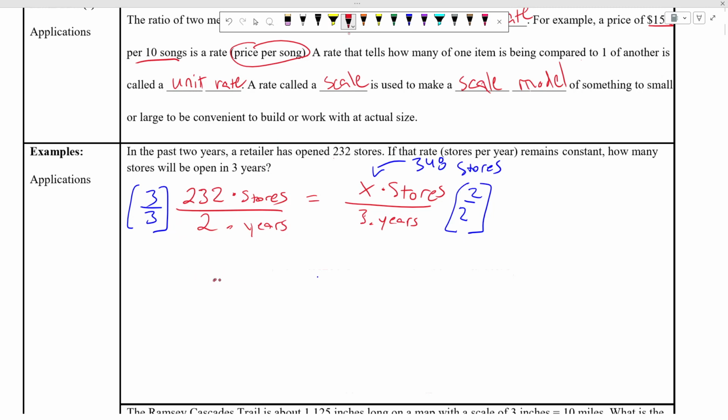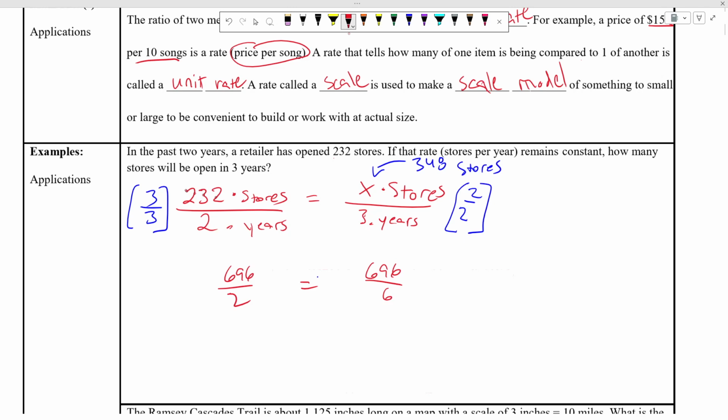Okay, so 232 times 3, if I got my math right, will come out to be 696 over 2. All right, and then this here, no wait, 348 times 2, that's what that is. 348 times 2 is 696 over 6.